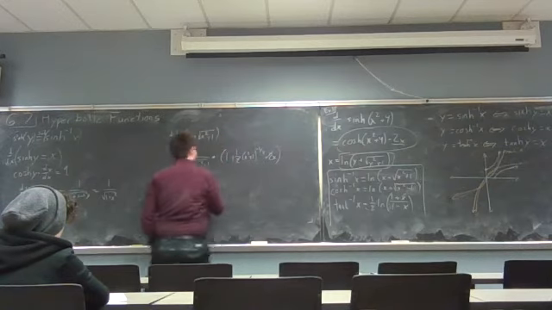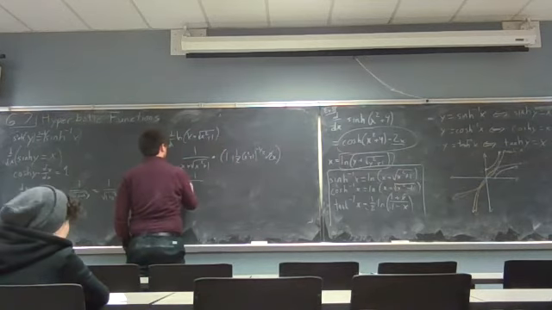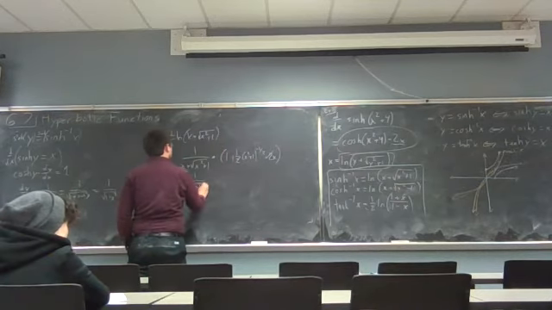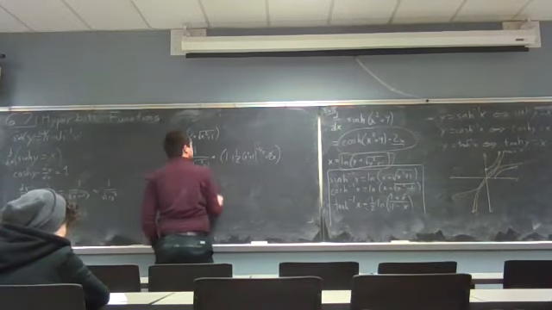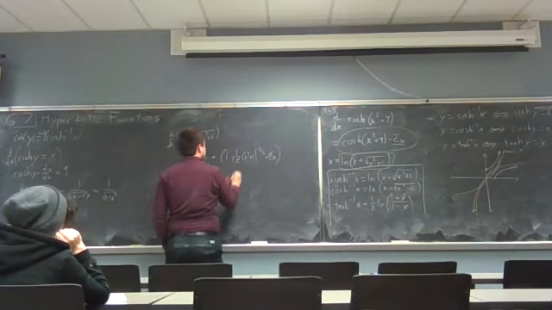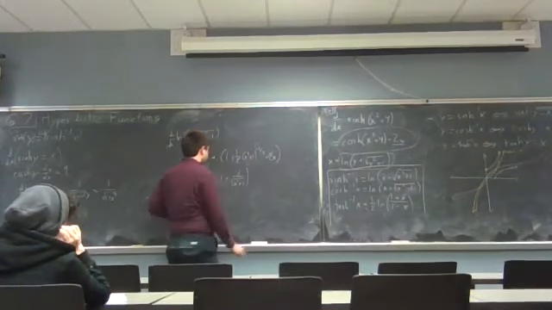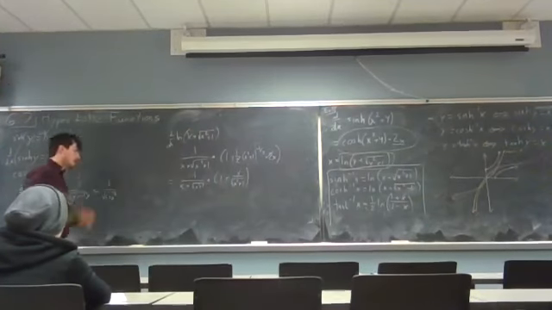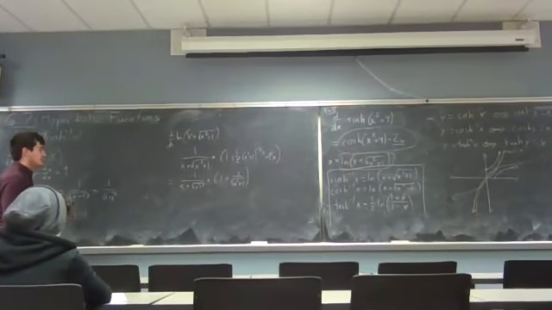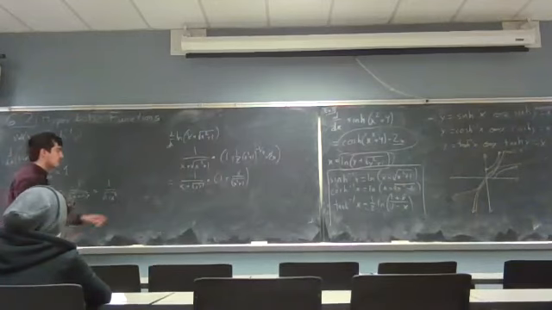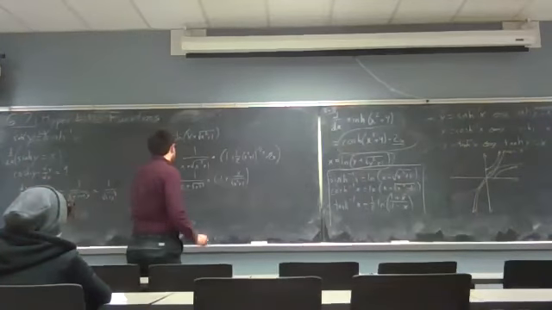So we're going to get 1 over x plus the square root of x squared plus 1 times 1 plus x over the square root of x squared plus 1. And then we can go through and multiply this a bit. I might get a common denominator here.